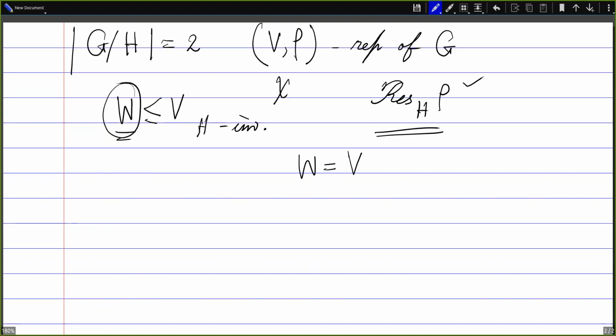So the first possibility is that this is irreducible. If not, then what can we say about the restricted character?